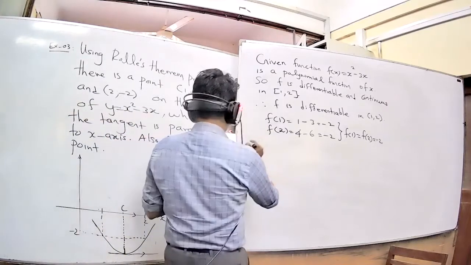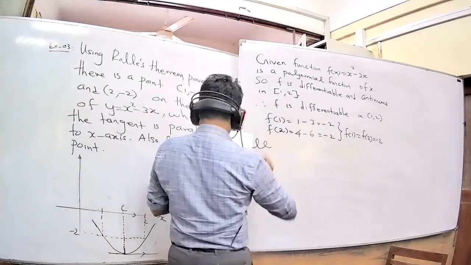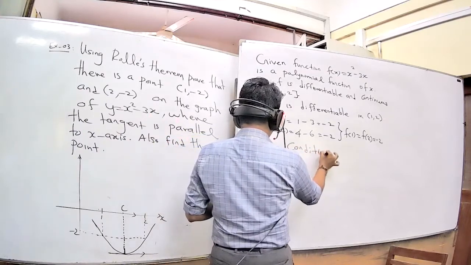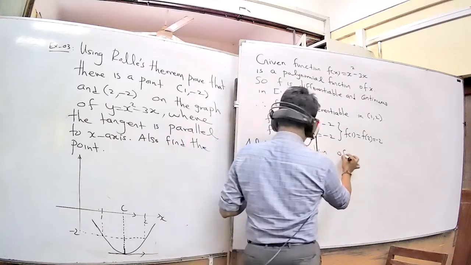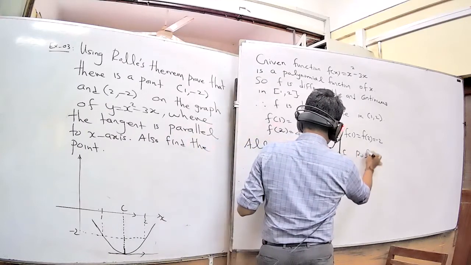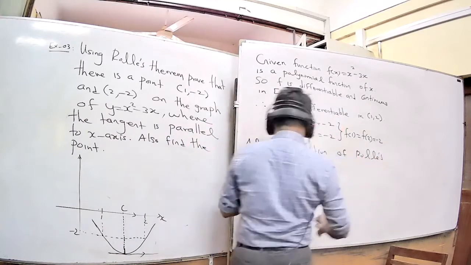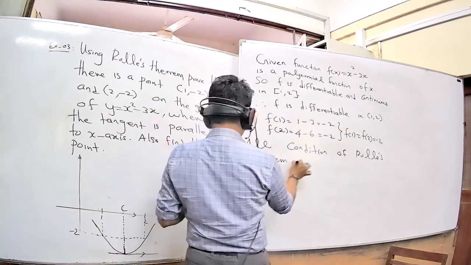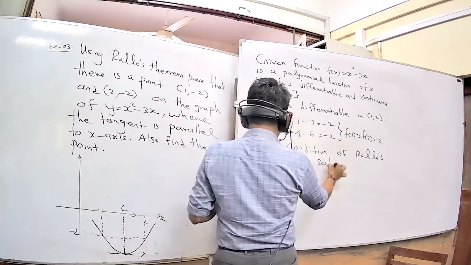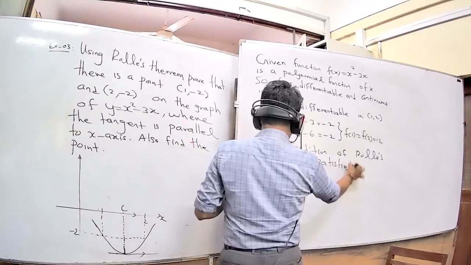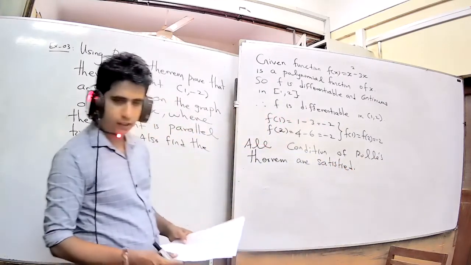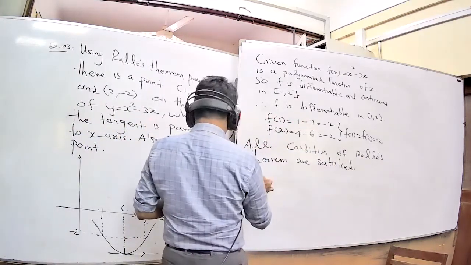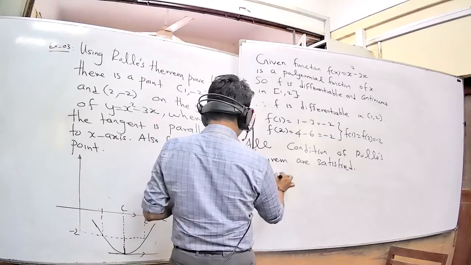Therefore, all conditions of Rolle's theorem are satisfied. Then there exists a point.